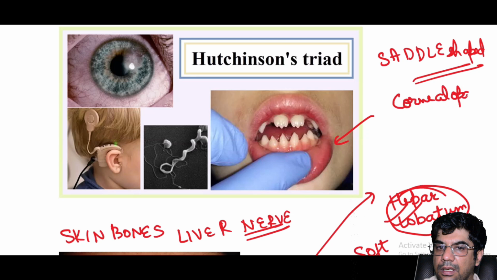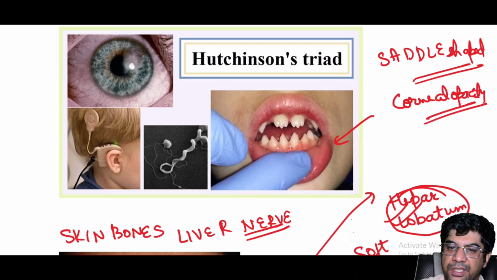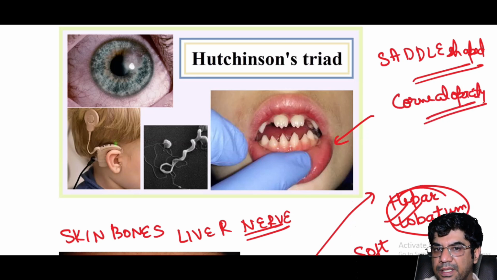There could be diffuse fibrosis in the liver that affects the liver function. So what are some characteristic features of congenital syphilis? That includes the saddle-shaped nose, Hutchinson teeth, mucocutaneous lesions, bony lesions, interstitial keratitis, and fibrosis in the liver and the lung.